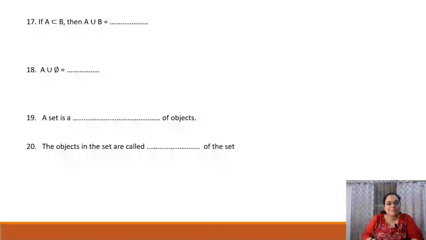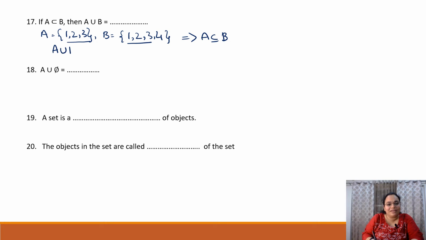If A is a subset of B, then what is A union B? If all the elements in A are also elements of B, then we can say A is a subset of B. We need to find A union B. That will be all the elements of A and B, right?